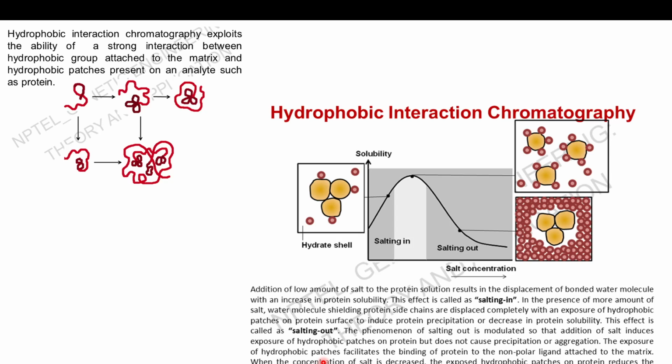This is what results in hydrophobic interaction chromatography. Now, if the concentration of salt is decreased, the exposed hydrophobic patches on the protein reduce the affinity towards the matrix and your protein of interest eventually elutes out because the interaction with the matrix has decreased.